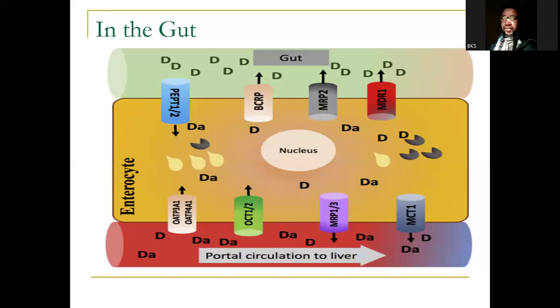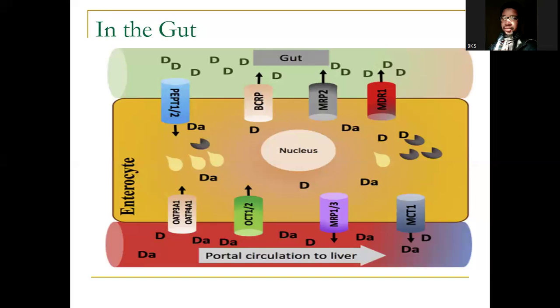Especially after metabolism, once they are metabolized, these enzymes are also expressed. Both the phase 1 and the phase 2 enzymes are expressed in the intestine. And like we have seen, the phase 3 transporters are also expressed there. So you can have some of these transporters that facilitate the transportation.